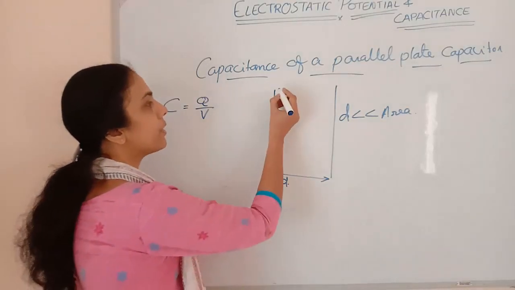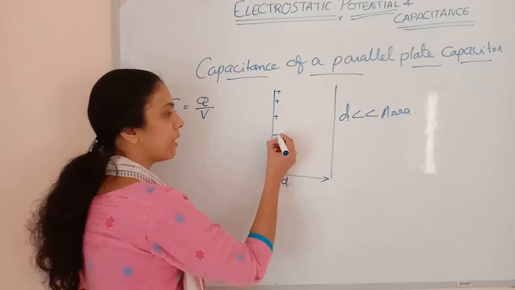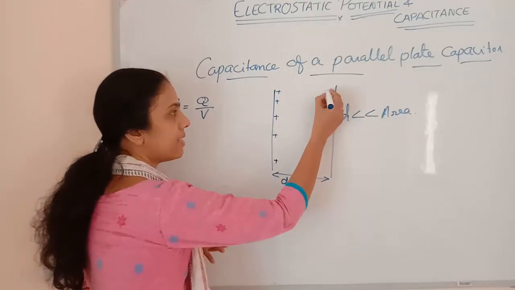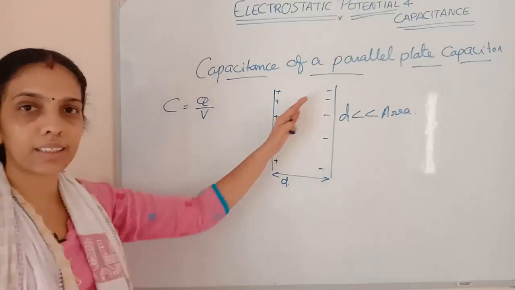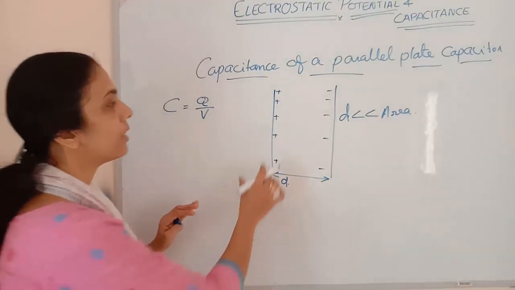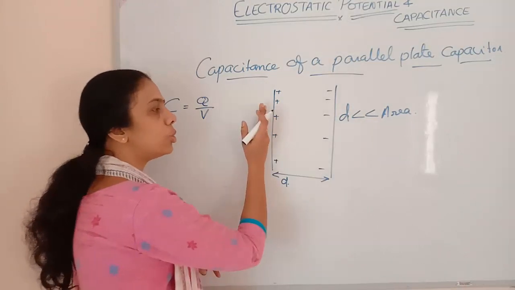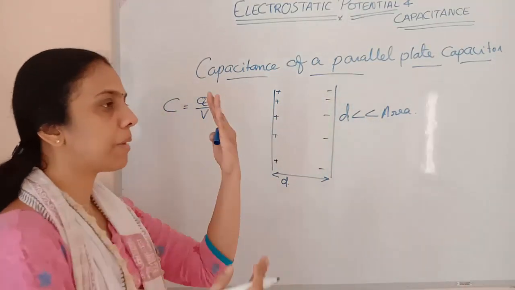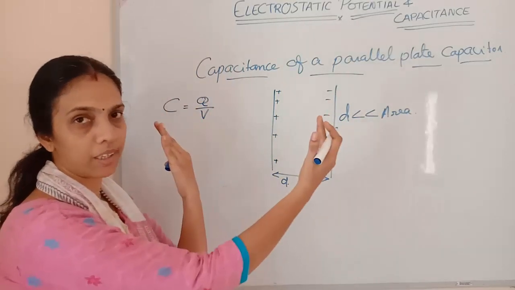One plate will have positive charge, and the other plate is negatively charged. Yesterday we learned how we get this. So two parallel plates are here: one is plus Q and the other is minus Q.